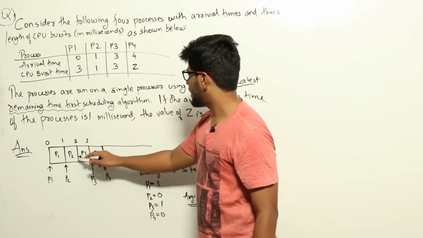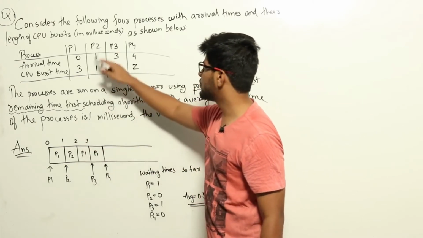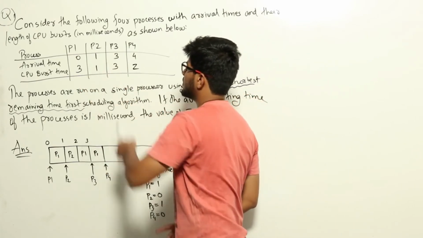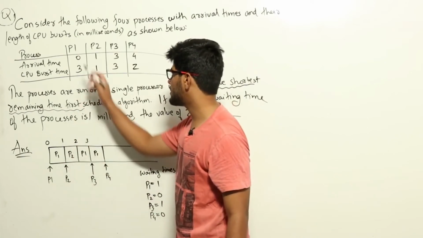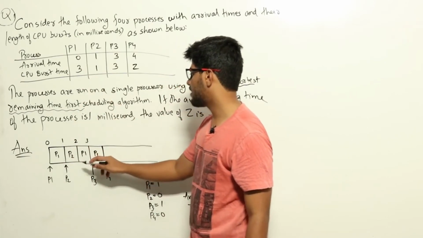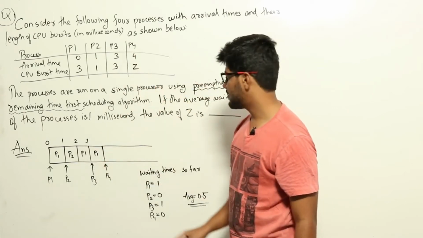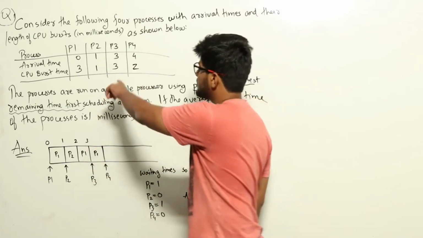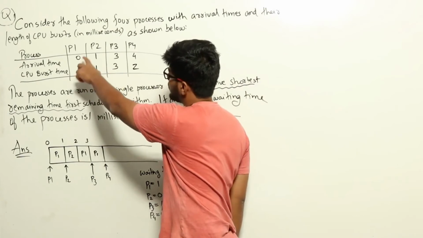At time 2, P2 will finish executing, since P2 had only 1 millisecond. At that time there is only one process left, that is P1, so P1 will run from 2 to 3. At time 3 process P3 arrives, with a remaining time of 3 milliseconds, which is greater than what P1 has.